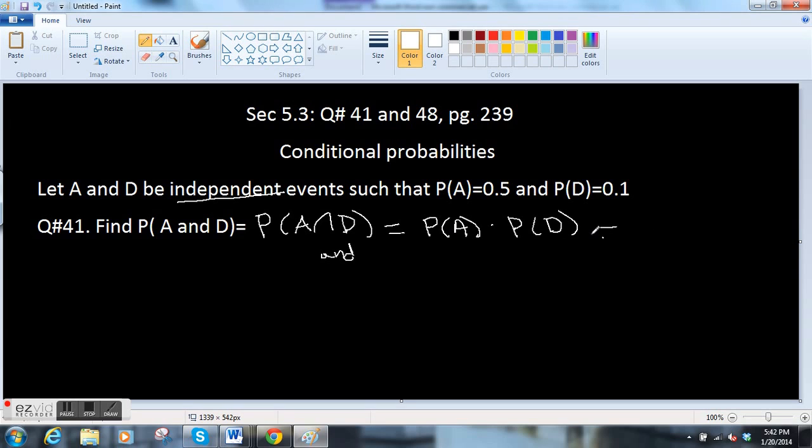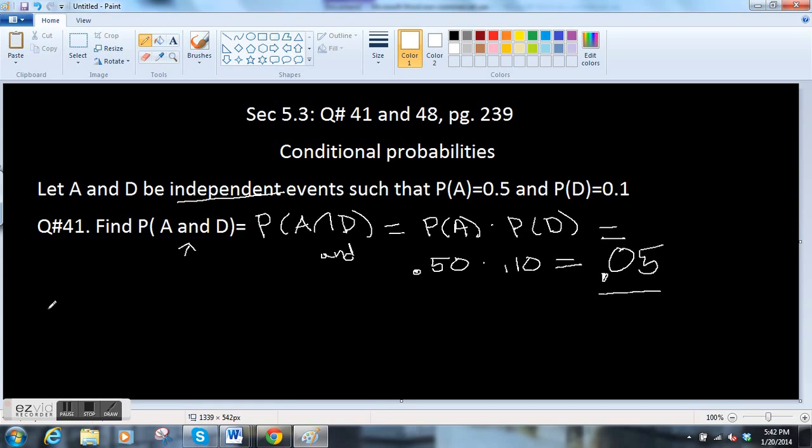So in this case, this equals 0.50 times 0.10, which is equal to 0.05. Sorry, my handwriting's so wonky. 0.05, that's the answer. Because you're multiplying the events, and we can multiply the probabilities because they're independent events, and we're looking for and.